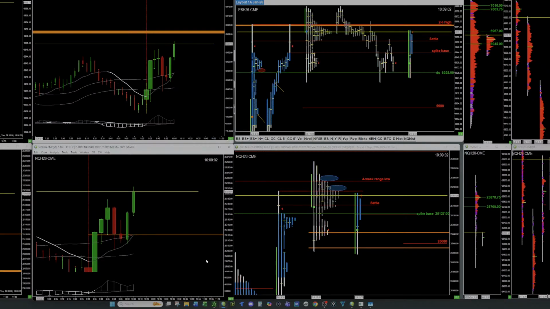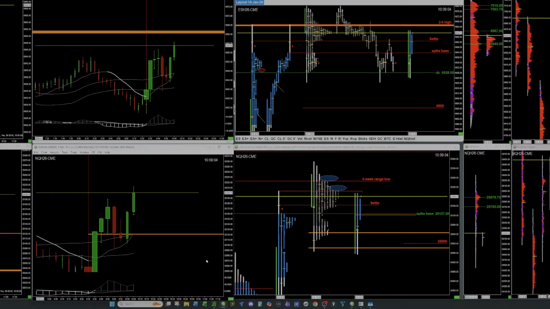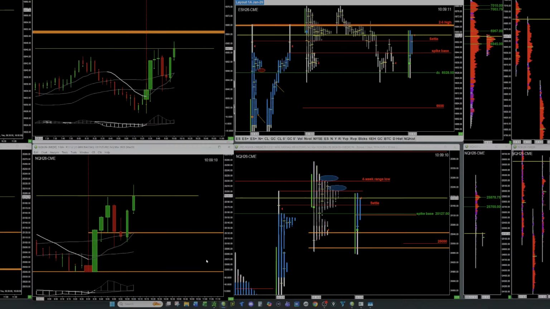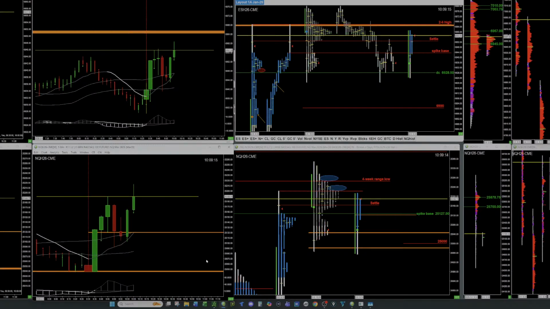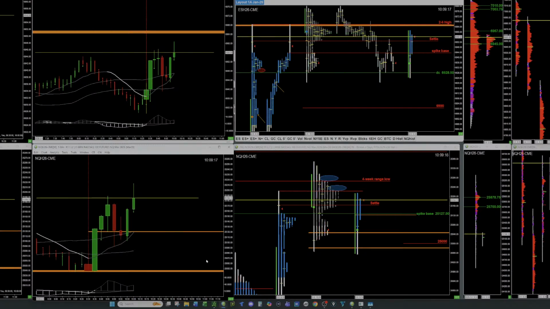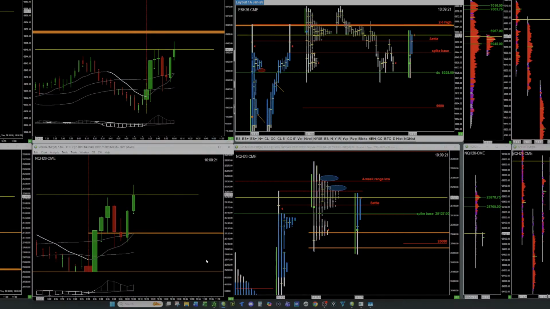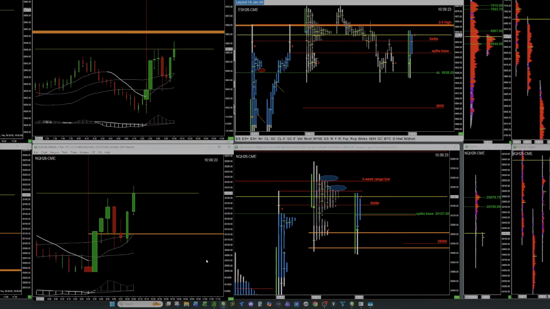Now, if the market is going to do something to the upside, what I believe this market should do is form a second distribution here, right? We have just two periods in. Notice where the low is, low B is right in the center of the previous period.